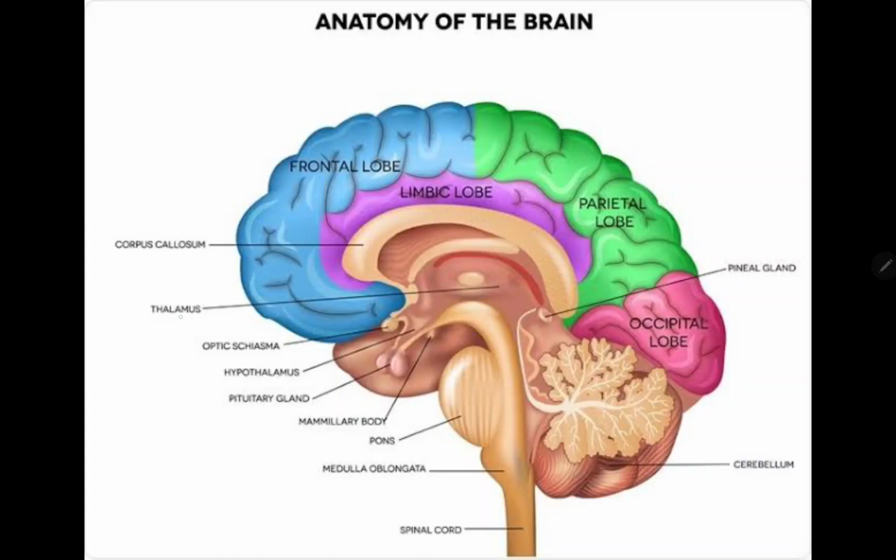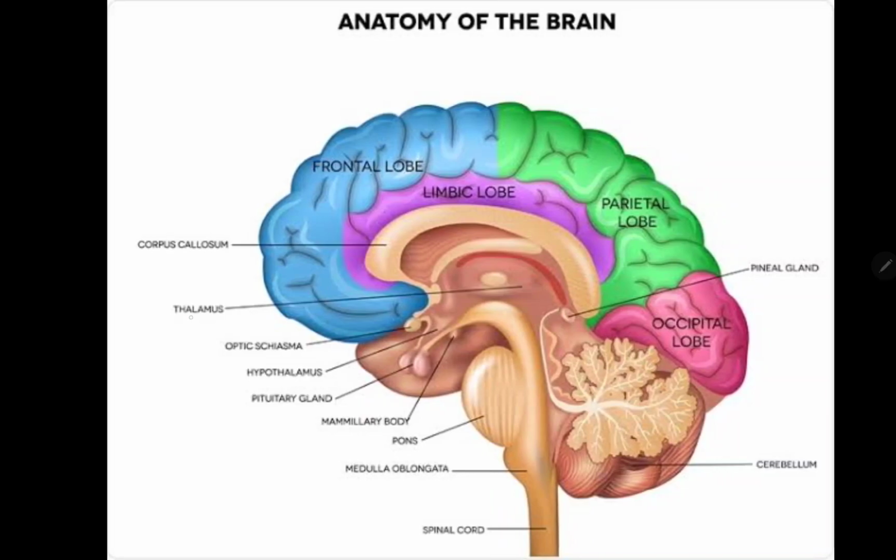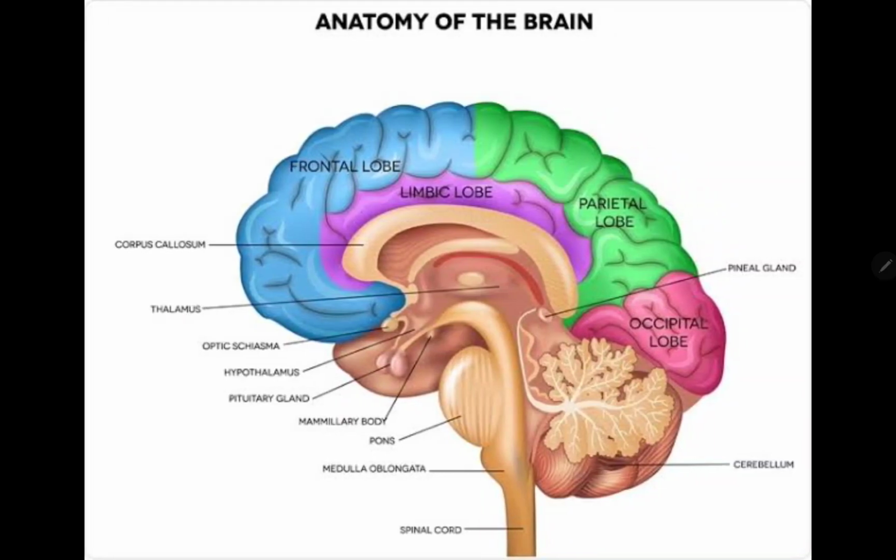Now the rest of the forebrain is the thalamus and hypothalamus. Let's start with the thalamus. The thalamus is a very small structure. It is located right above the brain stem. Now, where is the brain stem?